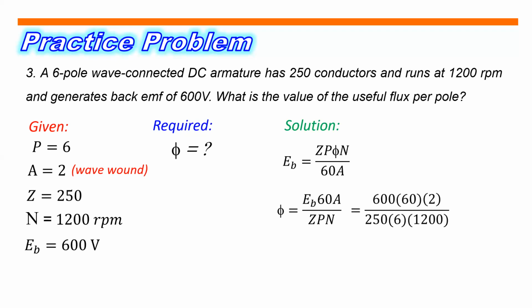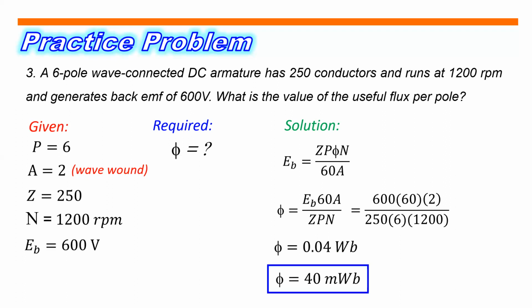So we will just plug in or substitute all the given values to our equation. Then the useful flux per pole is equal to 0.04 Weber, or simply 40 milliweber.